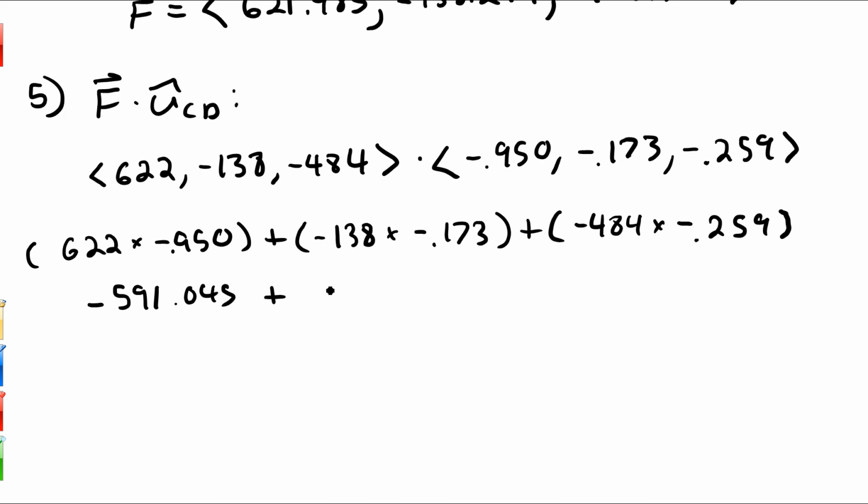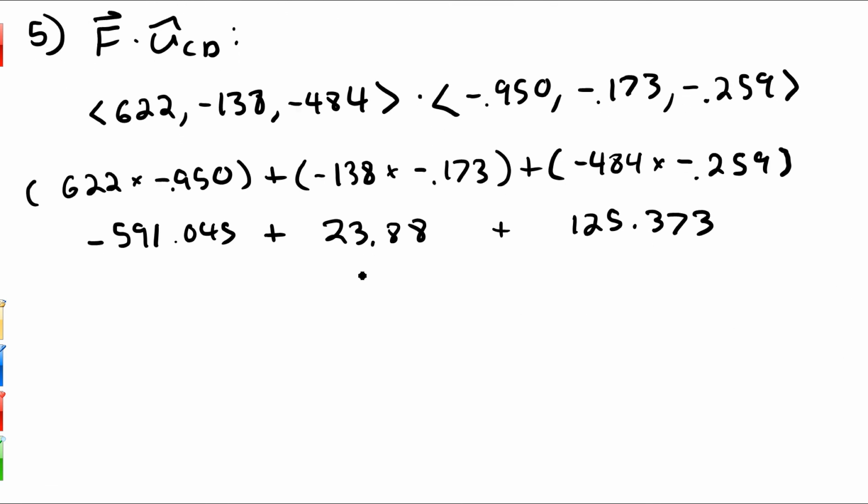This is 23.88. And this one over here is a 125.373. Adding all those together, FCD, the magnitude of it, is equal to a negative 441.791.